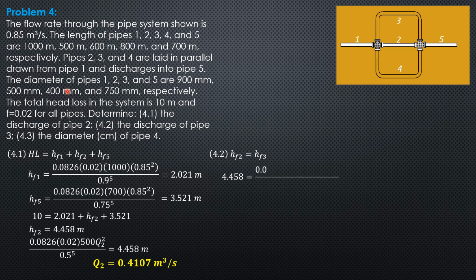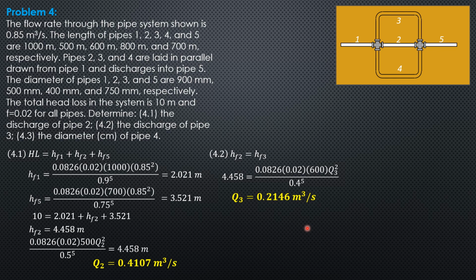So Q3 is the unknown here. Q3 is the square root of 4.458 times 0.4 to the 5th divided by the quantity 0.0826 times 0.02 times 600. So Q3 is 0.2146 cubic meter per second.